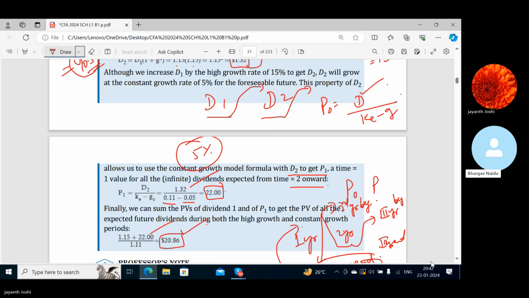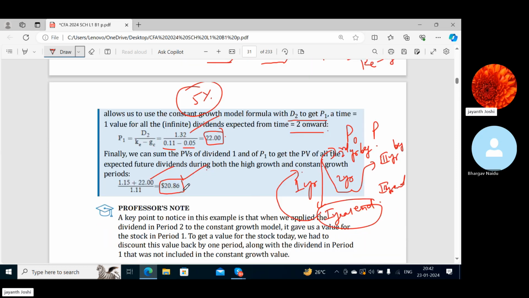If we do P0 into 1 plus g, this is your P naught, 20.86, which you are finding out. You're finding P naught only, right? Yes. So then we can directly do it from D1 only, no? D1 by k minus g. Why did we take P1 again?